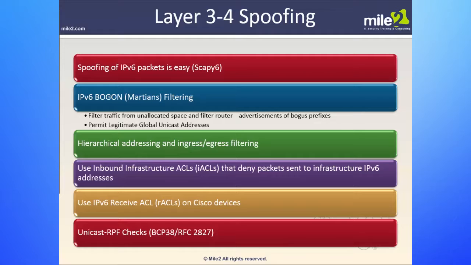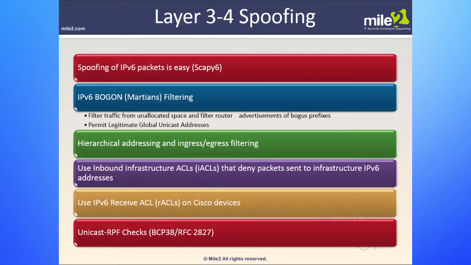We have inbound infrastructure ACLs, so IACLs, access control lists, that deny packets sent to an infrastructure IPv6 address. We have IPv6 receive ACLs, your RACLs on Cisco devices, and we also have unicast RPF checks, which we also find through the RFC 2827.